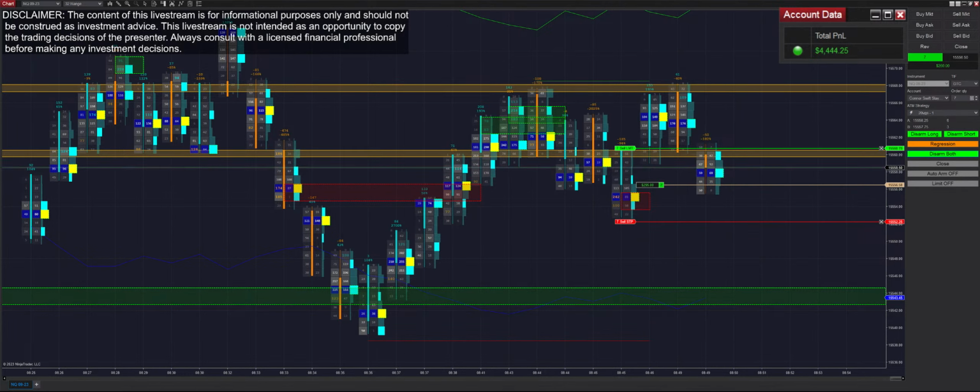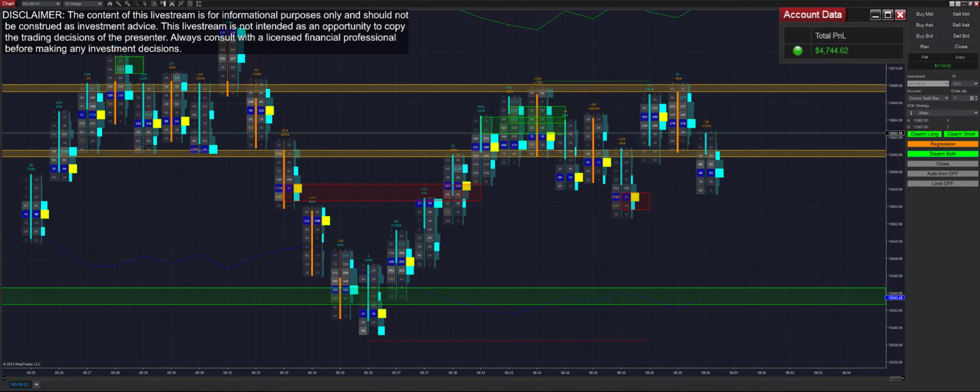But we actually get filled into a long trade here. If we get stopped though, trend mode. See, it's a pretty simple rule-based system in terms of mode switches.